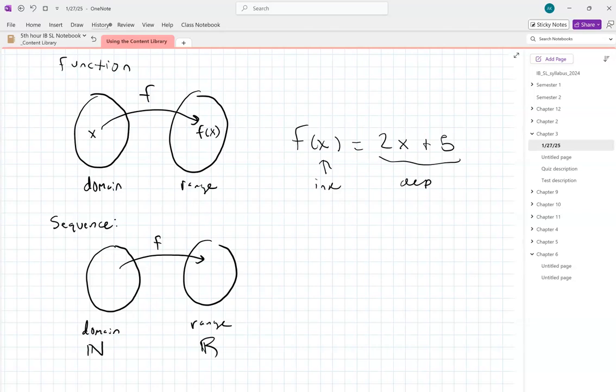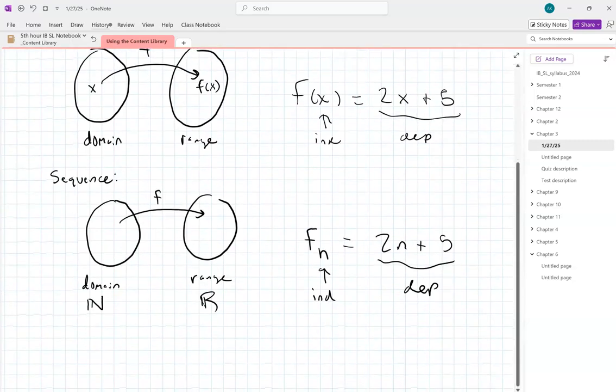Most commonly with sequences, we'll use some lowercase letter and we'll use a subscript. That's the independent variable, the input for our function. And then we'll write that output in terms of n's now. That's our dependent variable.